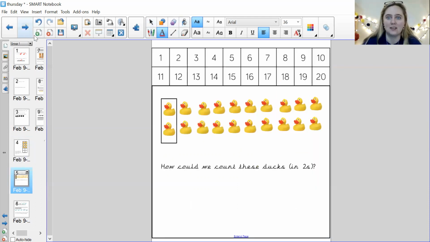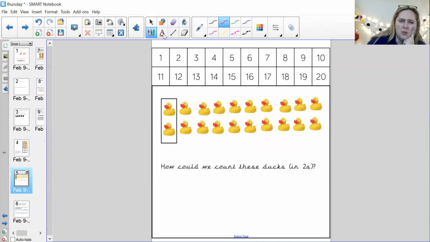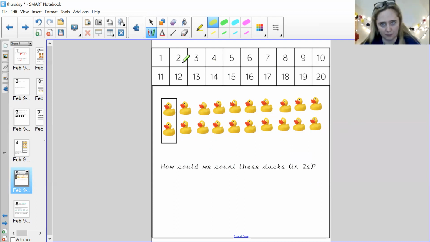Okay, next question. Now, how could we count all of these ducks in twos? We can use this to help us, okay? So we've got 2 there, so I'm going to go 2. We've got 4, 6.